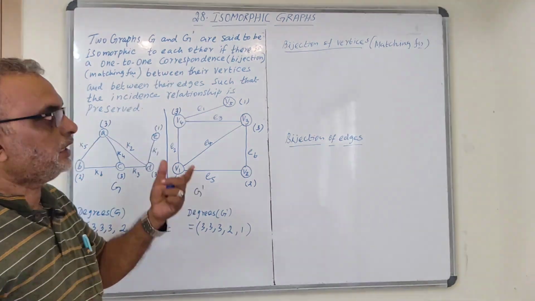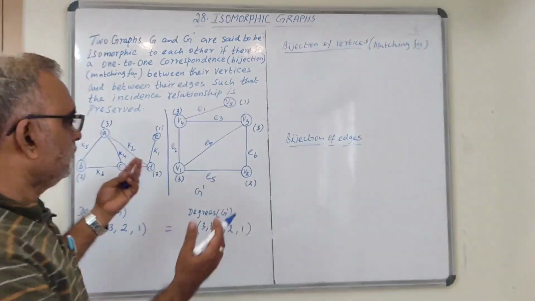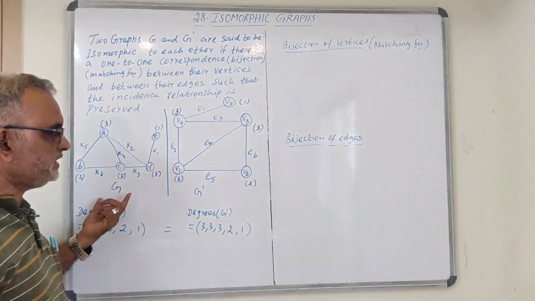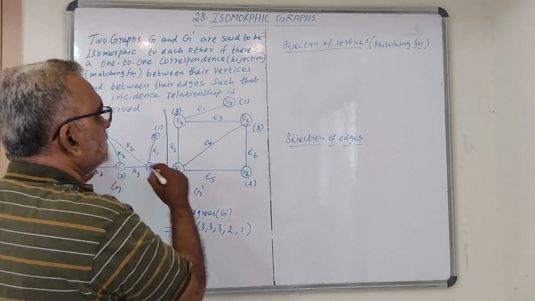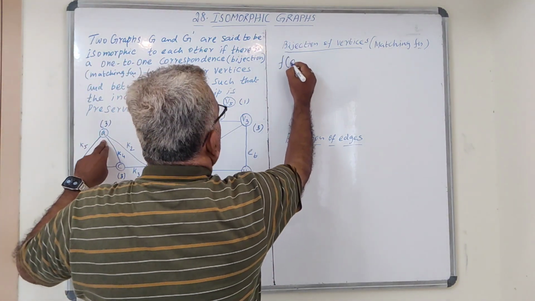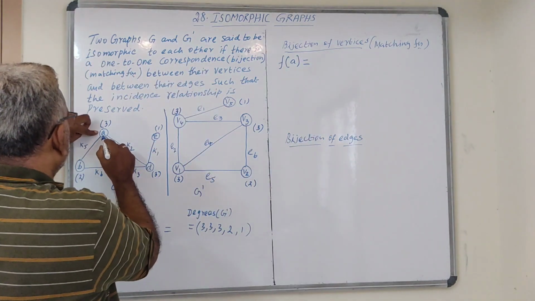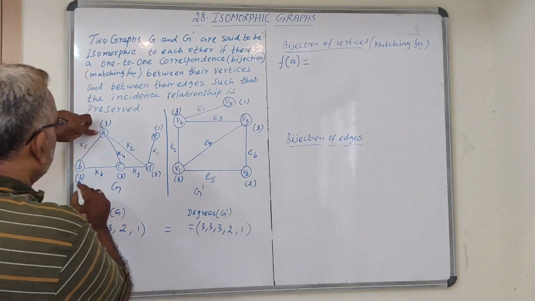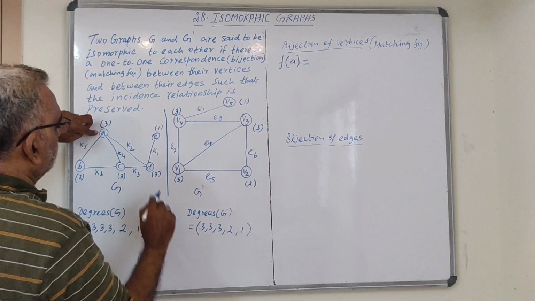Now let us check the matching function of vertices. Compare the vertices between graph G and G dash. Take the vertex A: it is connected with 3 vertices and their degrees are 2, 3, 3.